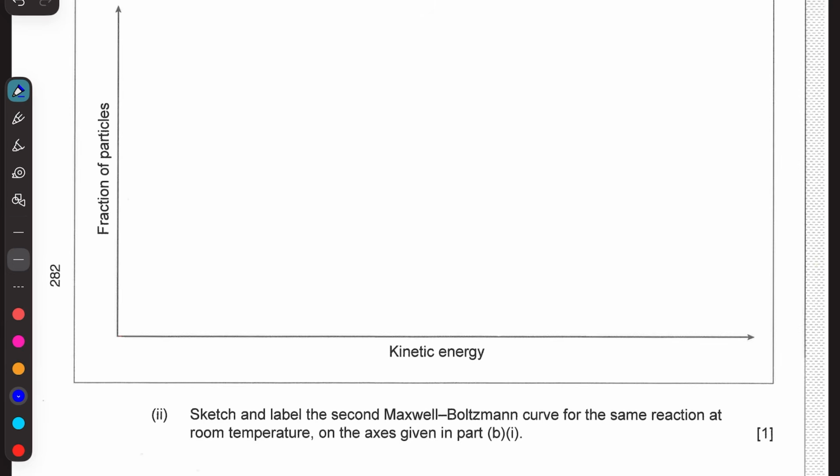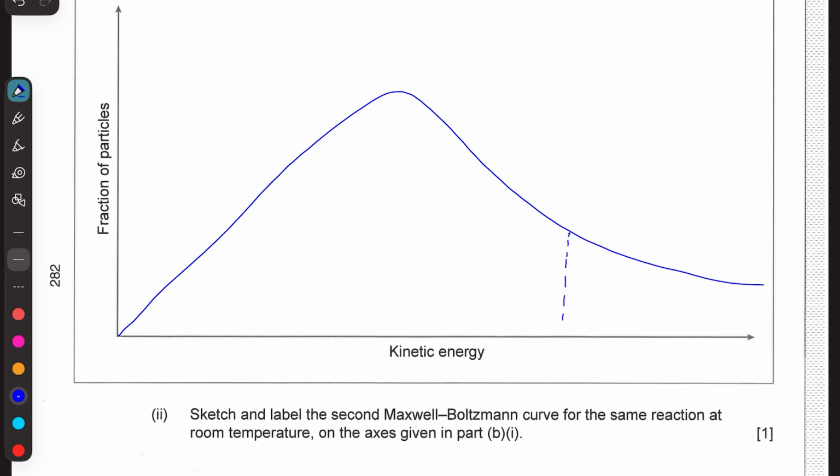At 60 degrees, it's a higher temperature, so it'll be a flatter curve. It'll go like this. So this is the activation energy of the catalyzed reaction. This is the activation energy of the uncatalyzed reaction. This is at 60 degrees Celsius.